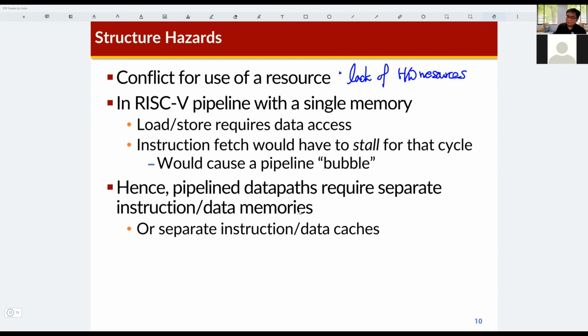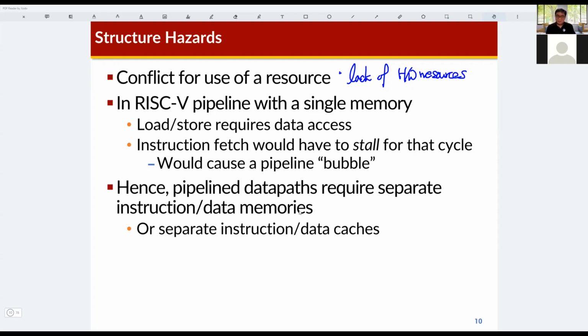But in this very simple pipeline architecture design, the structure hazard will not happen. Also, in the single cycle processor design, the structure hazard will not happen. It is because in the single cycle processor design, only one instruction is executed during a clock period.